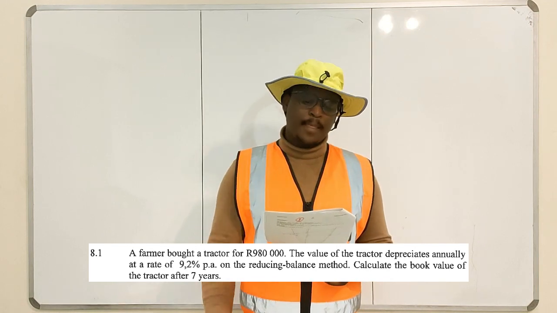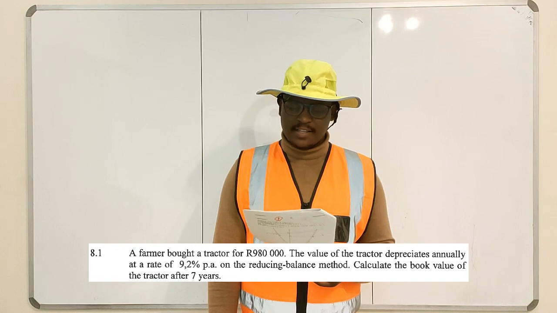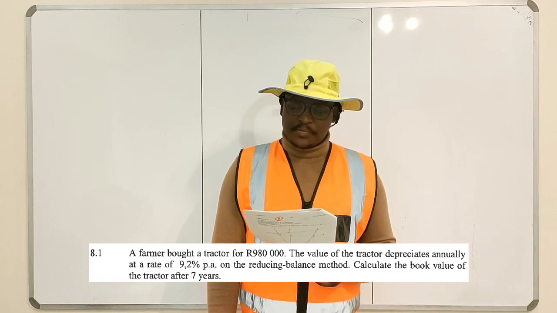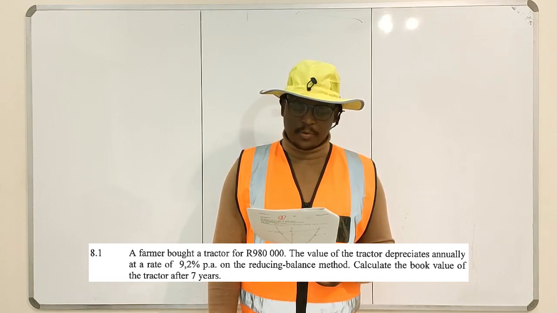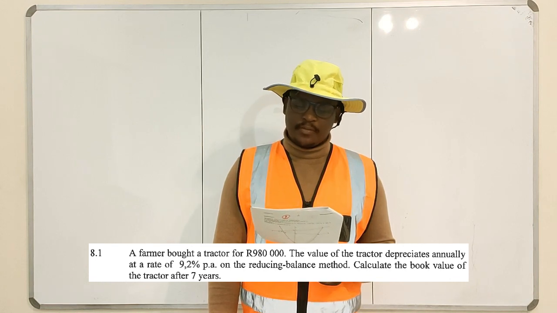Let's read this again. A farmer bought a tractor for 980,000 rands. The value of the tractor depreciates annually at a rate of 9.2% per annum on the reducing balance method. Calculate the book value of the tractor.